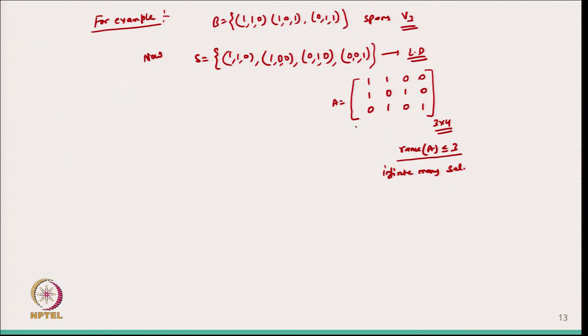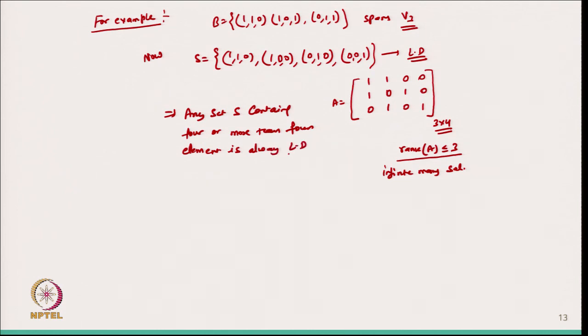So, using this one I can say that any set S containing 4 or more than 4 elements is always linearly dependent.